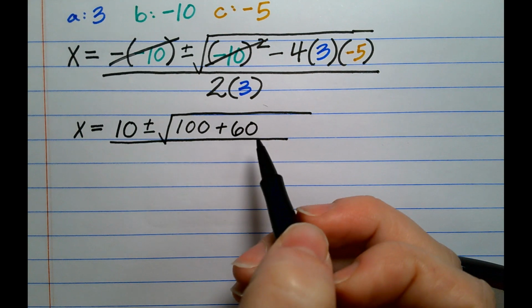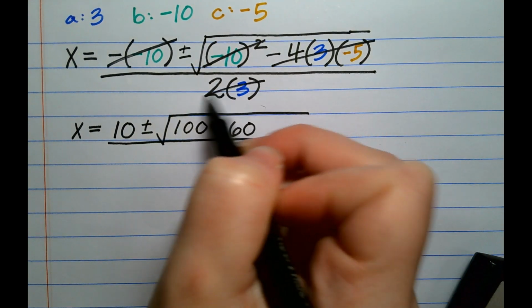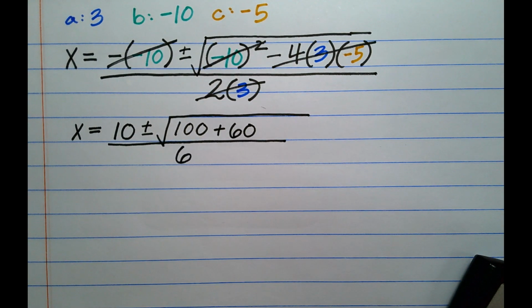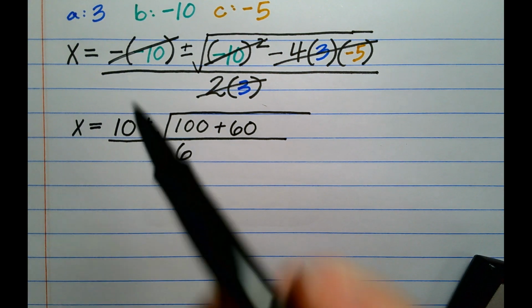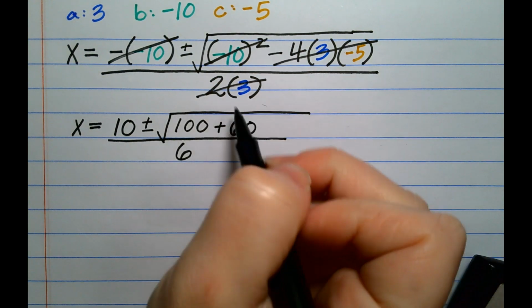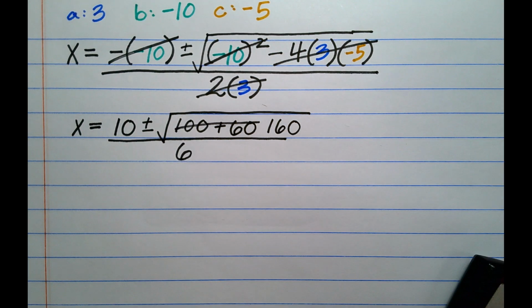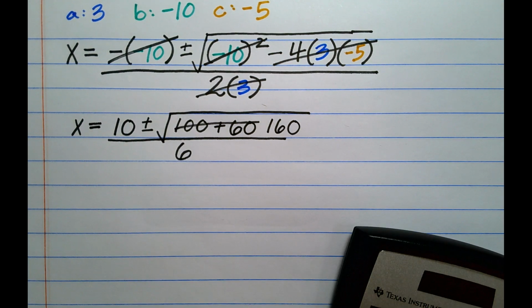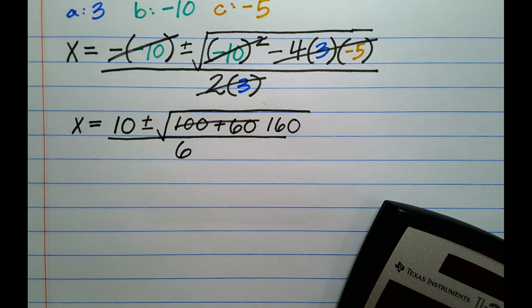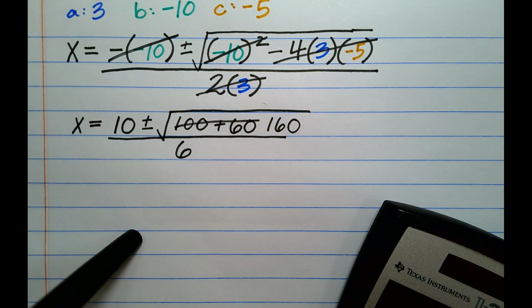And yes, what's 2 times 3? 6. Awesome. Okay. Now before we go rewriting this all over again, yeah, we can simplify 100 plus 60 to 160 fairly easily. Now, where do we go from here? Square root of 160.